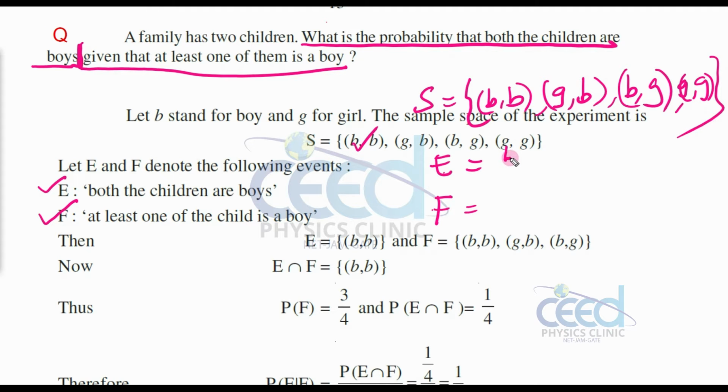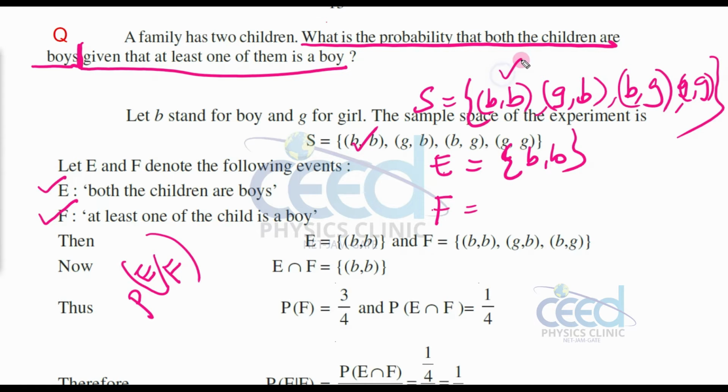So we want to find P of E given F. We can write E and F separately. E is BB, both the children are boys. Now what is F? At least one of the children is a boy.